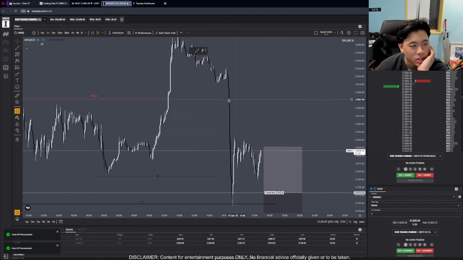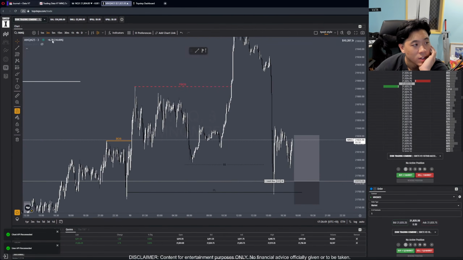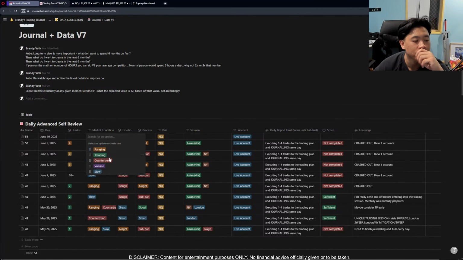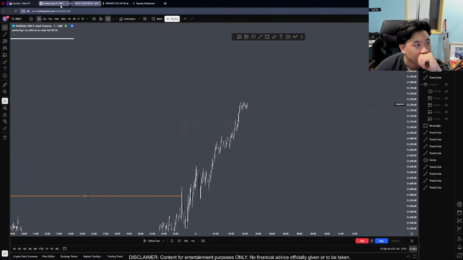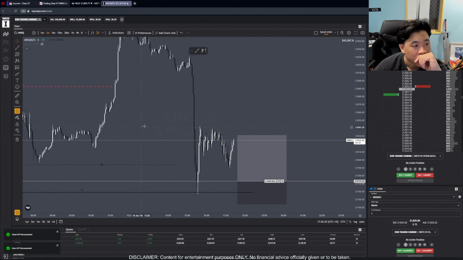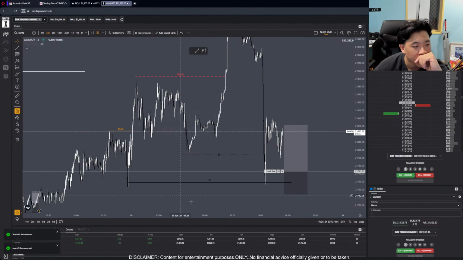It's quite indecisive, first half of Asia session, second half of Asia session. So let's see, if we put this one in here, market condition, counter trend. Yeah, kind of. I'd say range. Technically it's a range. Maybe counter trend because it was initially bullish into the bearish movement, but it didn't break through.